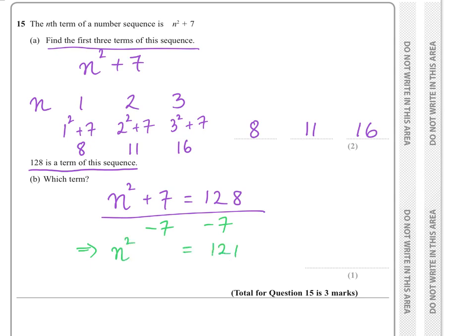And if we square root both sides, that will give us n is plus or minus 11. But we're not going to have a negative term here because we've started with the first, second and third terms as being positive integers, so we're going to have the number 11 for the term, and that's what we're going to write here, and that would give us 128.